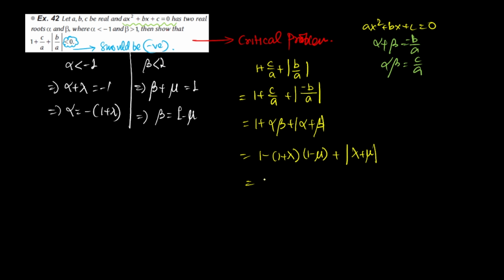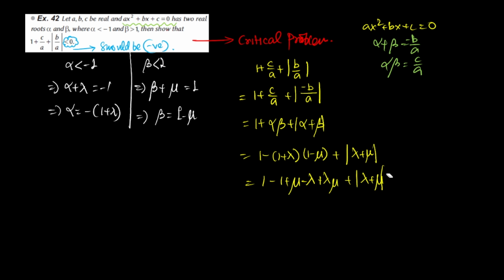Just simplifying this, we'll get 1 minus, it becomes 1 plus nu, minus lambda nu plus something just like this.